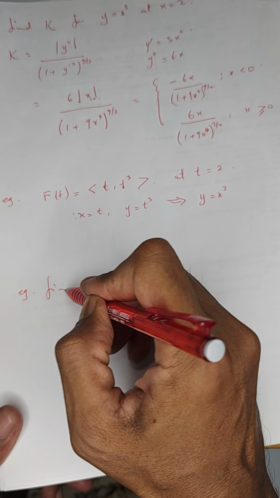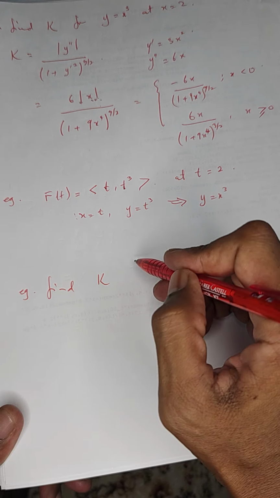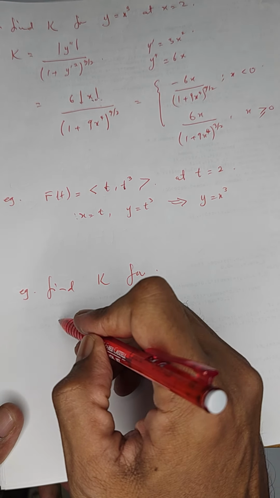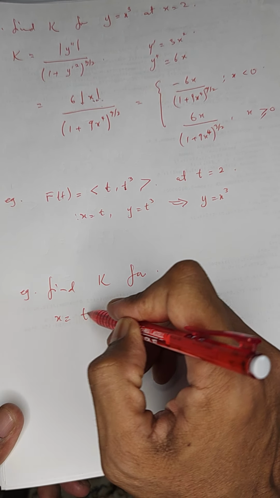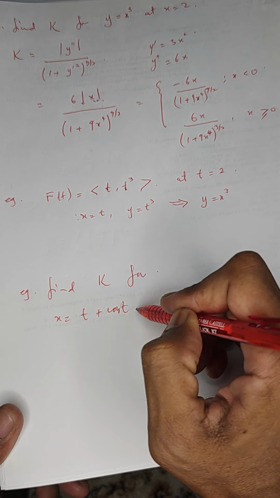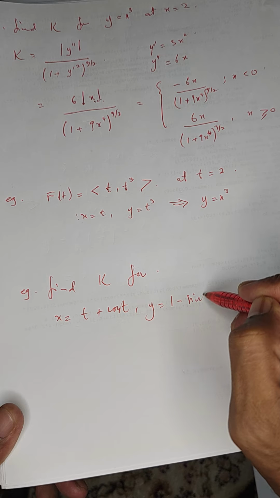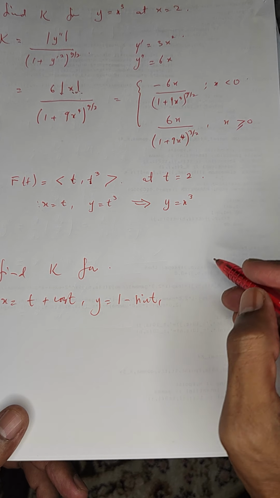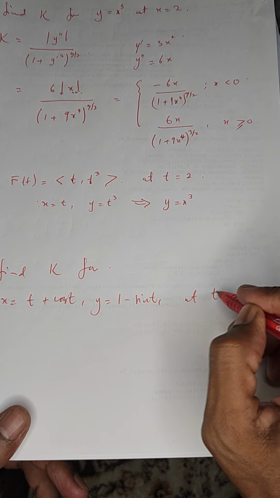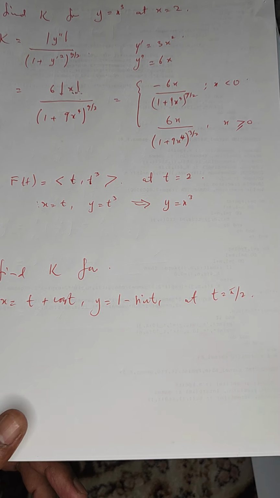You can have another one. Find kappa for x equals t plus cos t and y equals 1 minus sin t, at t equal to pi over 4.